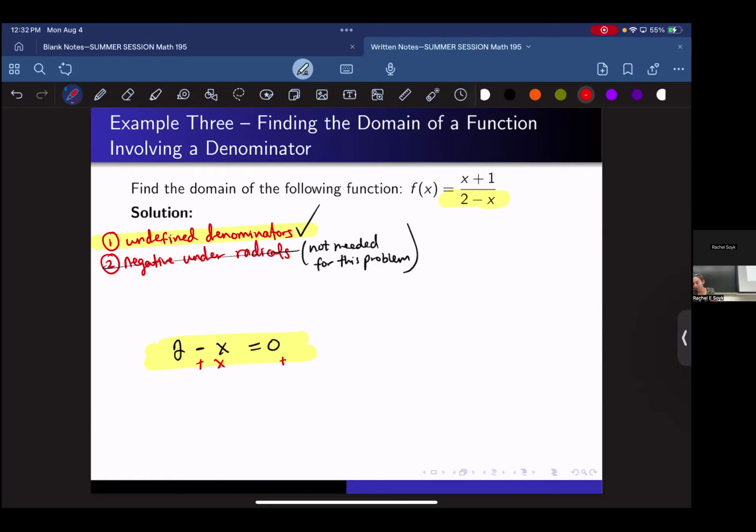Just add x to both sides, and so when x is equal to 2, if we plugged in 2 here, we'd get 2 minus 2, which equals 0, and that's a restriction. So this is our only restriction. Which means we need to exclude this from our domain.